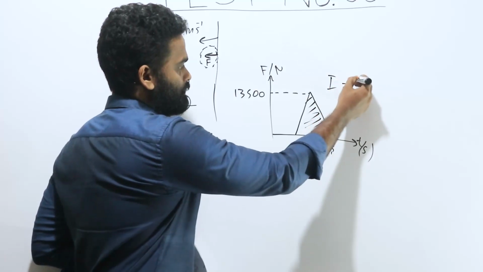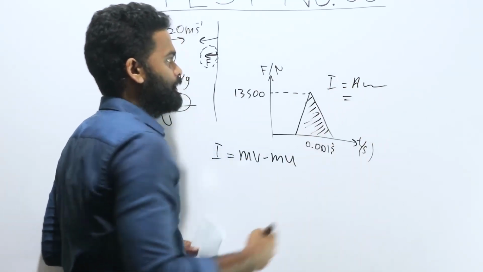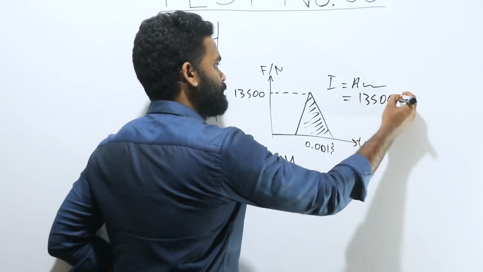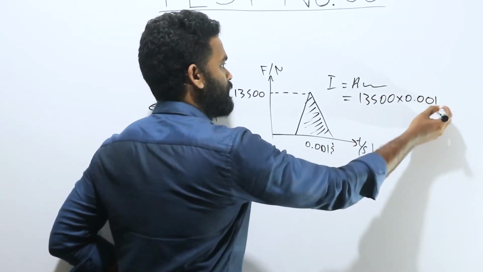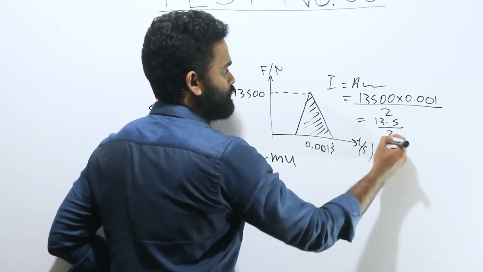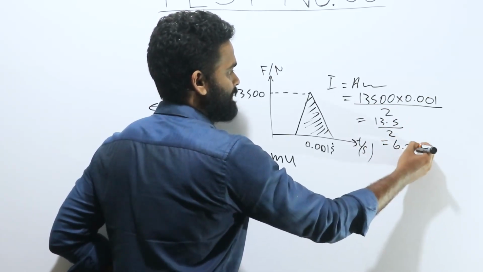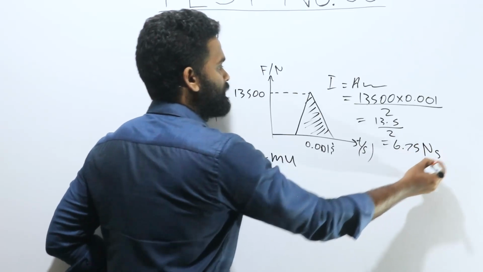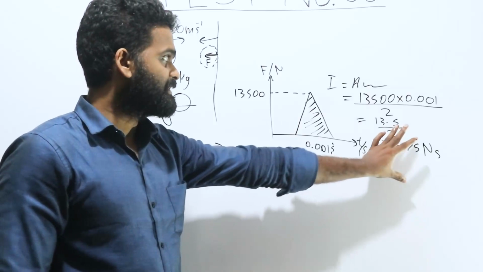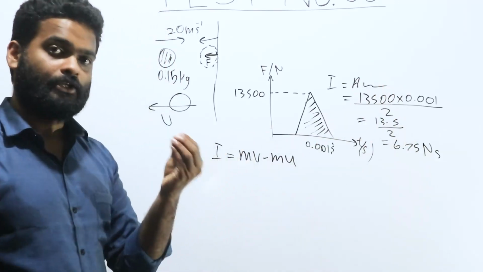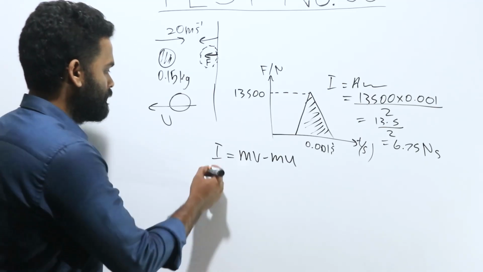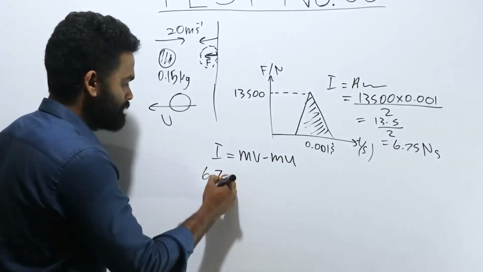So the area of this one is 13,500 times 0.001 divided by 2. So 13.5 divided by 2, that is 6.75 Newton seconds or kg m s minus 1. So this is the impulse due to that collision.